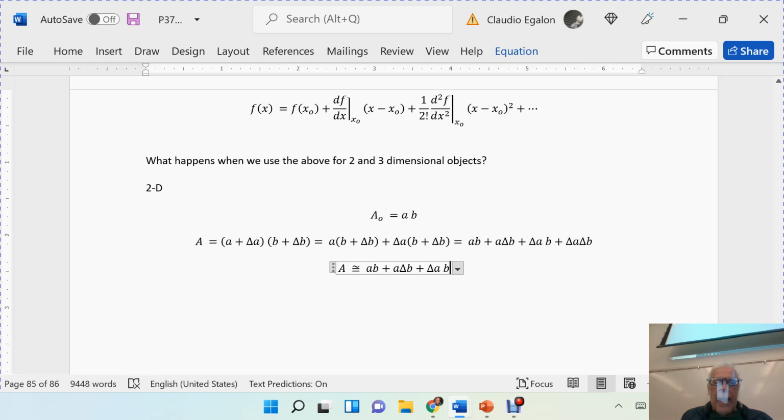So what we have here now is going to be the first term, the original area, plus something else that I call a delta area. Okay? Something else that I call a delta area, right in here.